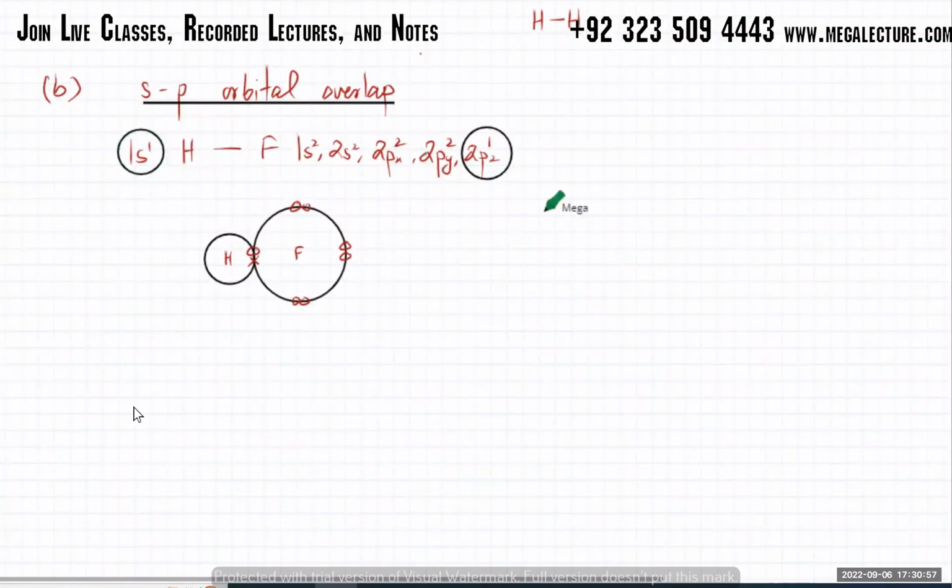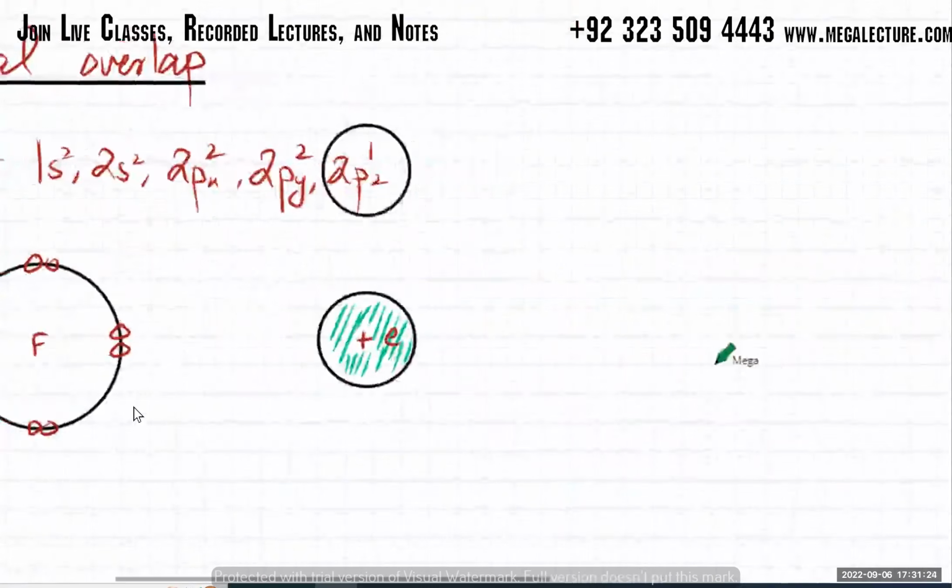So basically the overlapping is happening between an S and a P. Hydrogen has this spherical orbital, and that spherical orbital has exactly one electron. Its negative charge is distributed in that spherical region, and there's exactly a single electron in it.